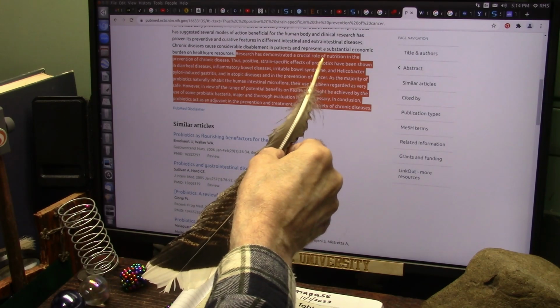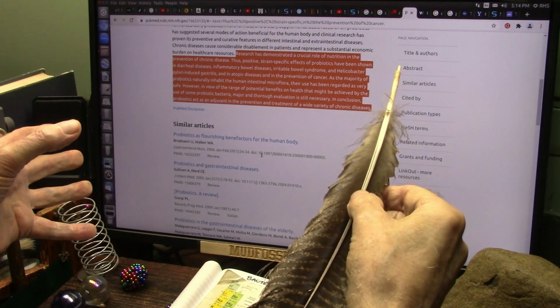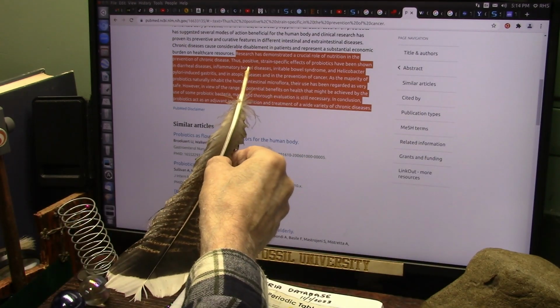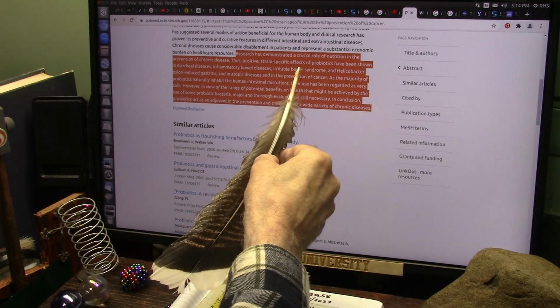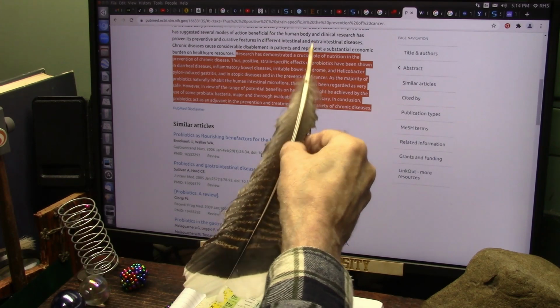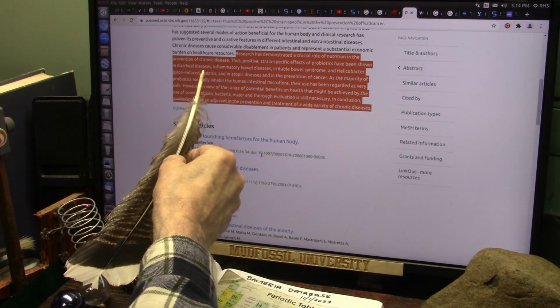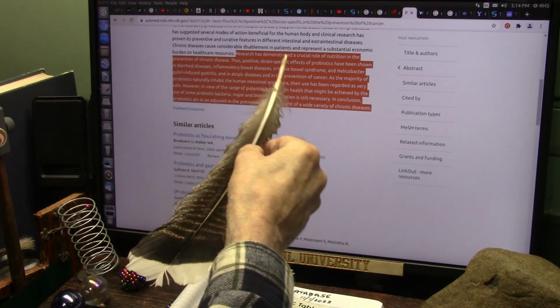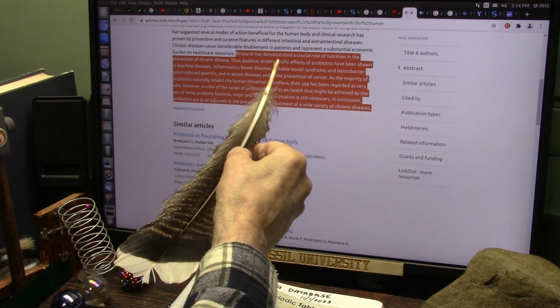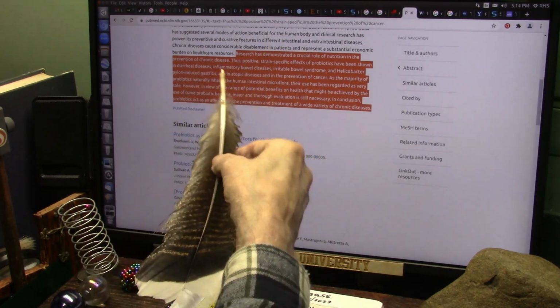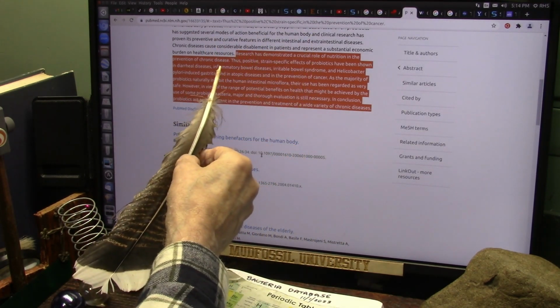Thus, nutrition. Nutrition is you have to break things down, so it's the enzymes in the bacteria. Thus, positive strain-specific effects of probiotics, which are the things that break things down, have been shown in diarrhea diseases. All right, so they don't have the correct things, so you end up with diarrhea because you can't break the stuff down and you can't absorb the fluids correctly, all kinds of problems.